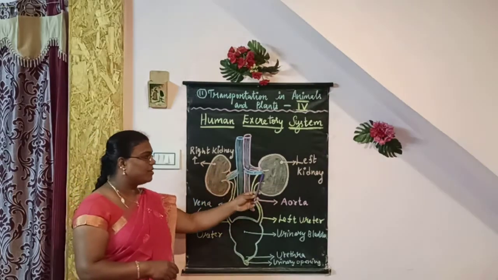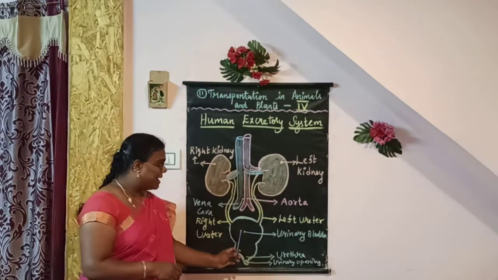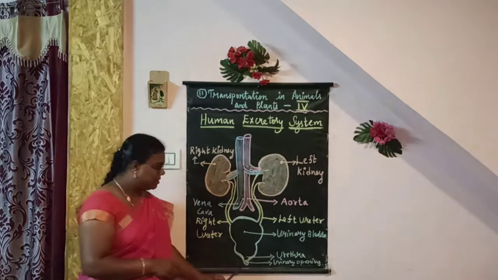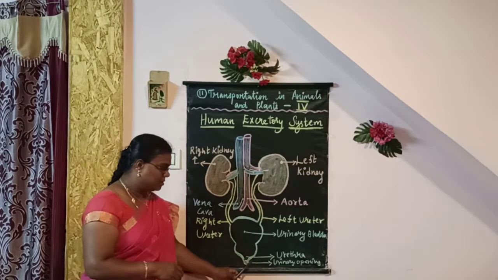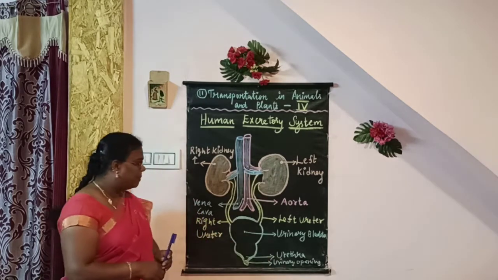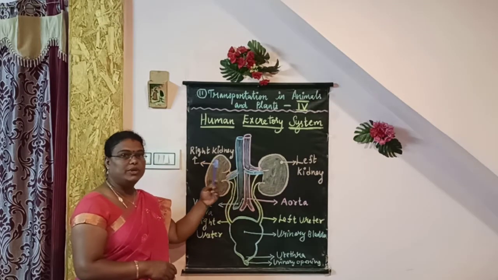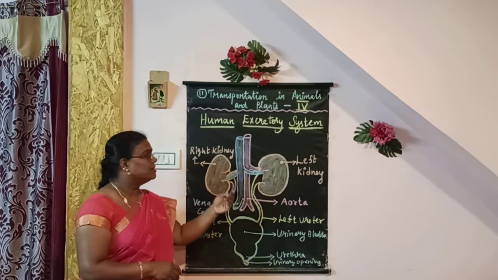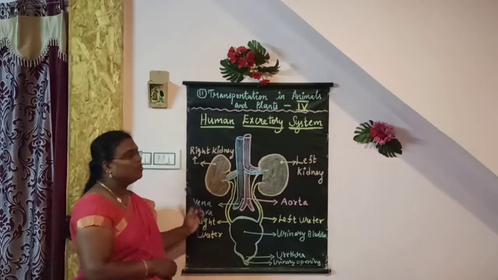It consists of a pair of kidneys, a pair of ureters, a sac-like structure called the urinary bladder, a muscular tube called the urethra which ends in the urinary opening, and two blood vessels. One carries blood with toxic substances, called the vena cava, and another carries pure blood, called the aorta. So this is the structure of the kidney.